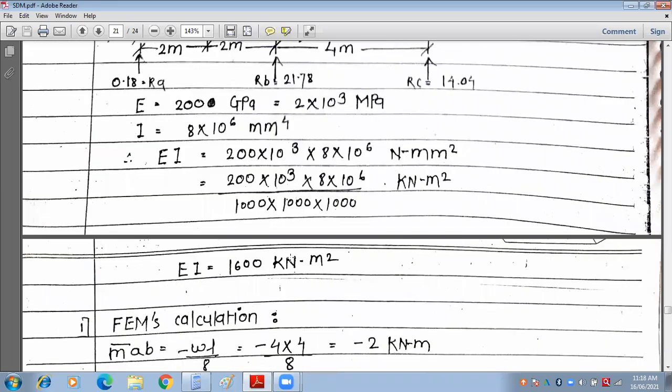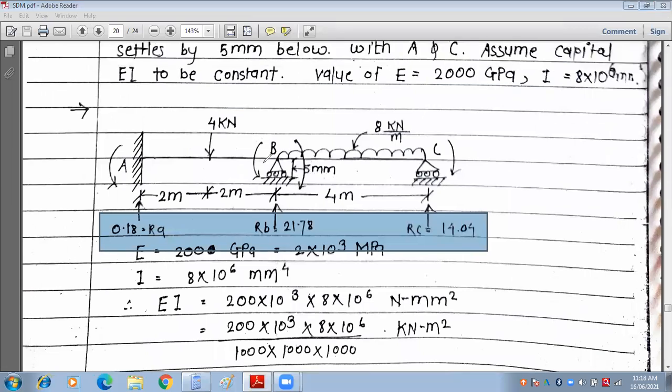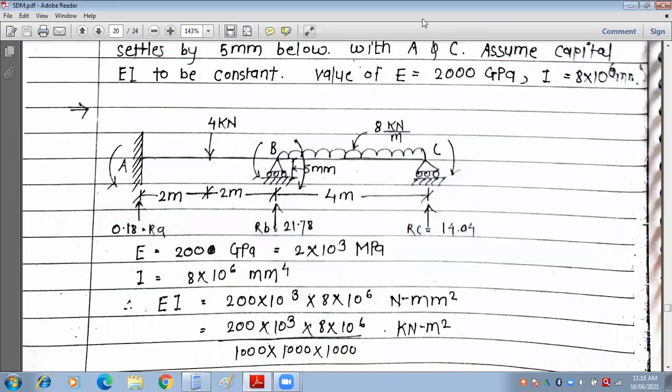If you see here, these reactions are shown over here. To draw the shear force diagram, as we know, the shear is going upward by 0.5, sorry, 0.18. It will be like this one. Now let us consider a very small amount, it will rise and remain constant up to this point.